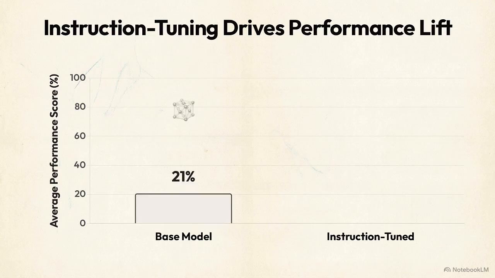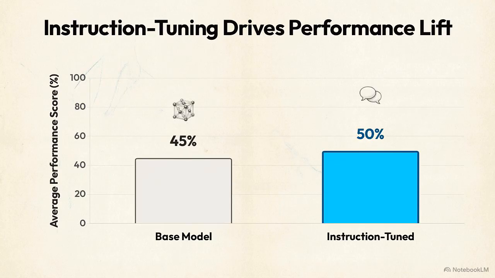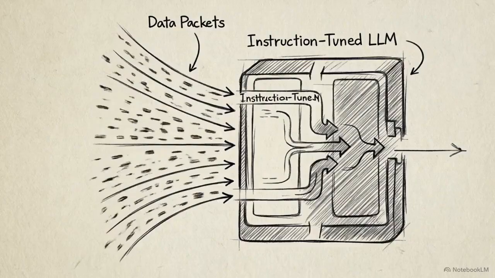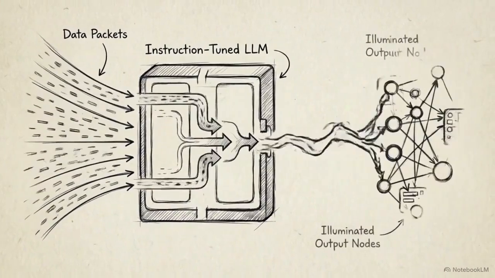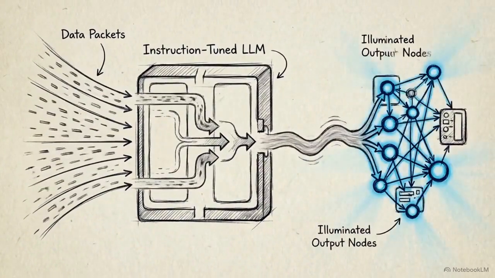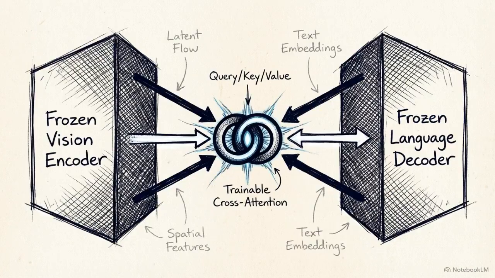The data shows that language instruction tuning provides a measurable performance lift. Capabilities learned purely on text instructions actually transfer to vision language tasks when the new weights are integrated into the stack. The replication relies on these precise, trainable bridges placed between frozen pre-computed encoders and decoders.